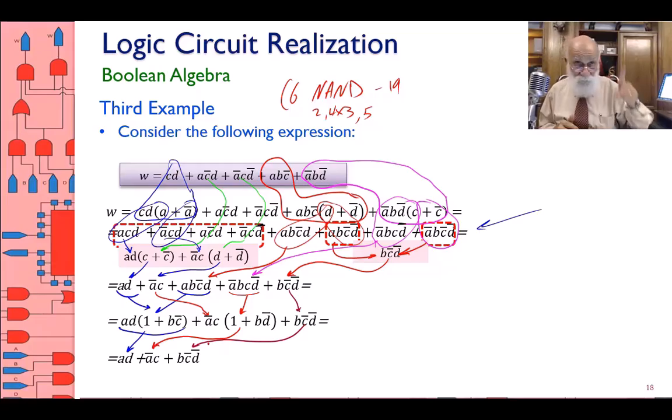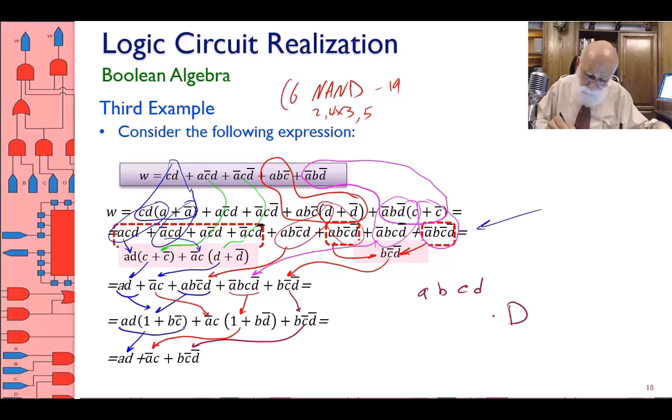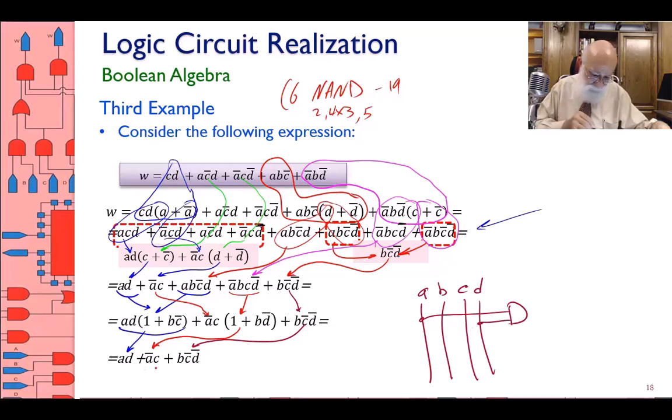Okay. Let me show you the circuit now. The circuit is A, B, C, D. This is AD. A, D, A bar, C, B, C bar, D bar.